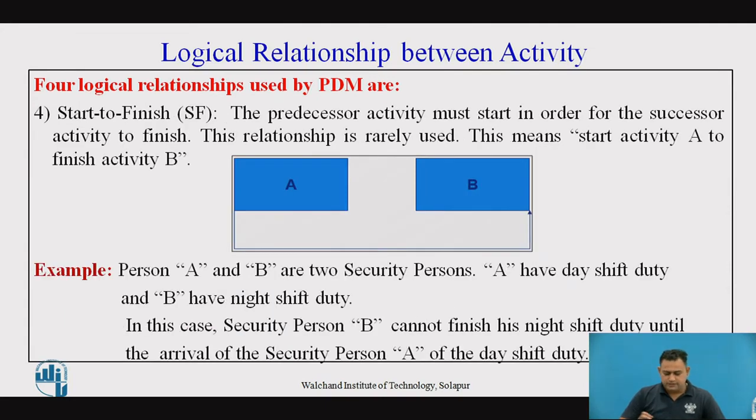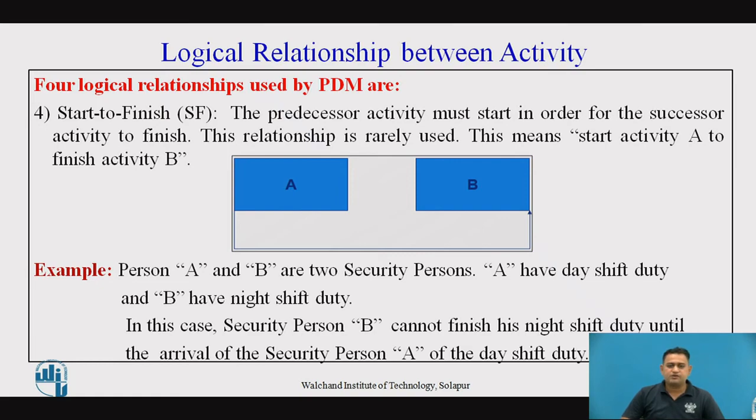Now the fourth one is the start to finish. The preceding activity must start in order for the successor activity to finish. Here it is clear that activity A should start for activity B to finish. For example, persons A and B are two security persons. A has day shift duty and B has night shift duty.